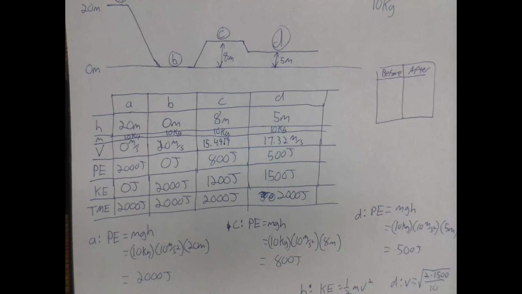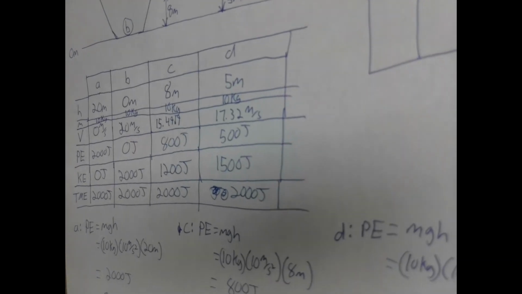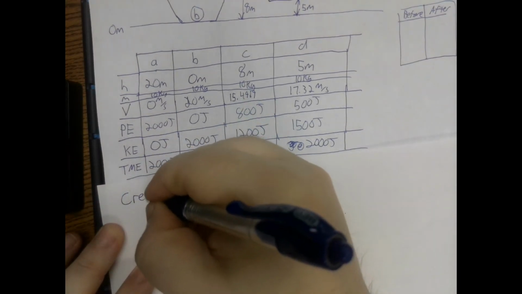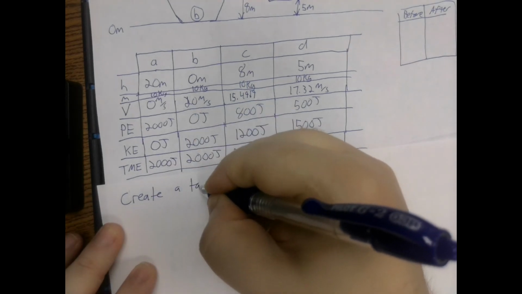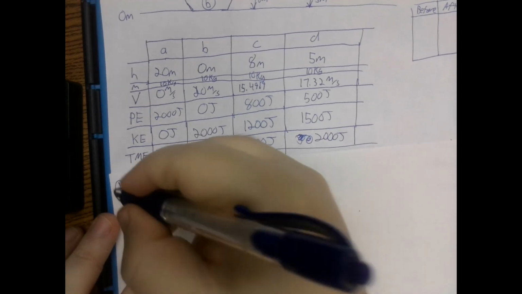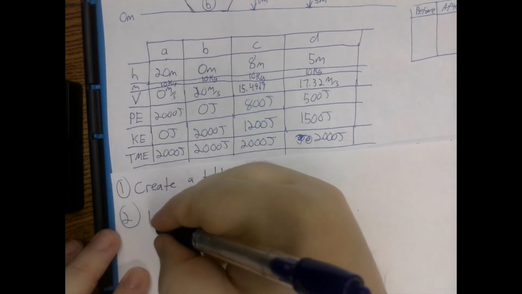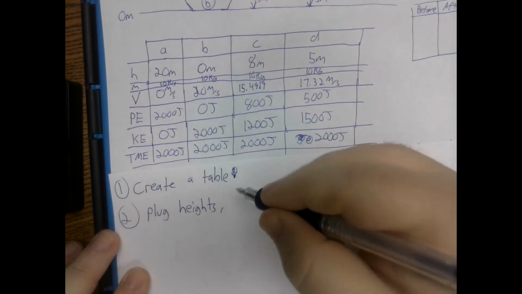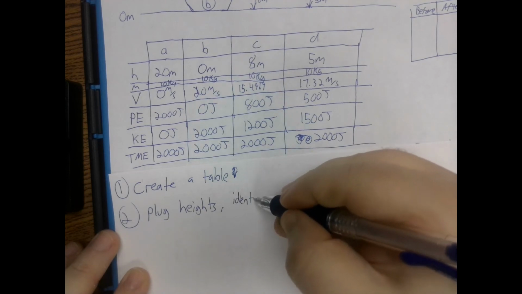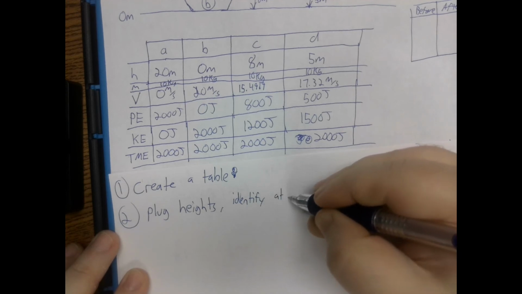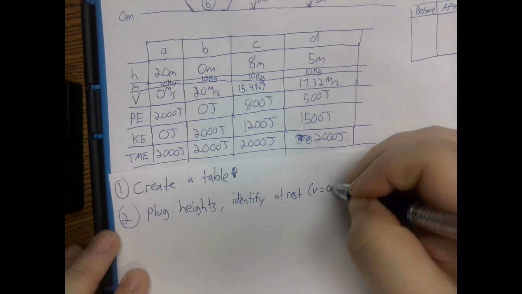So the general strategy is: create a table, plug in heights, and identify where it's at rest, so when v equals 0 meters per second.